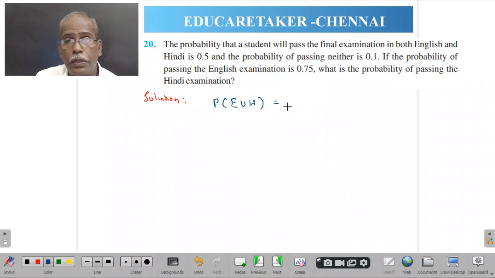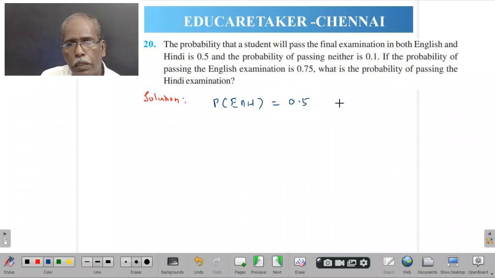P of E intersection H is 0.5, it is given.